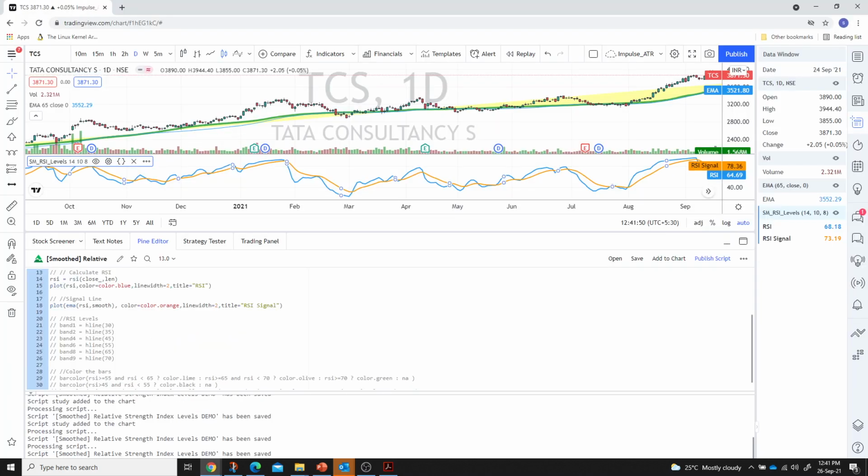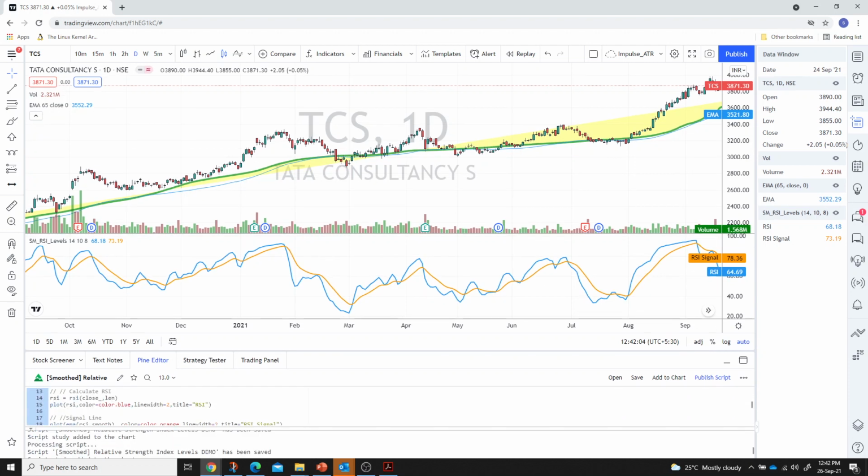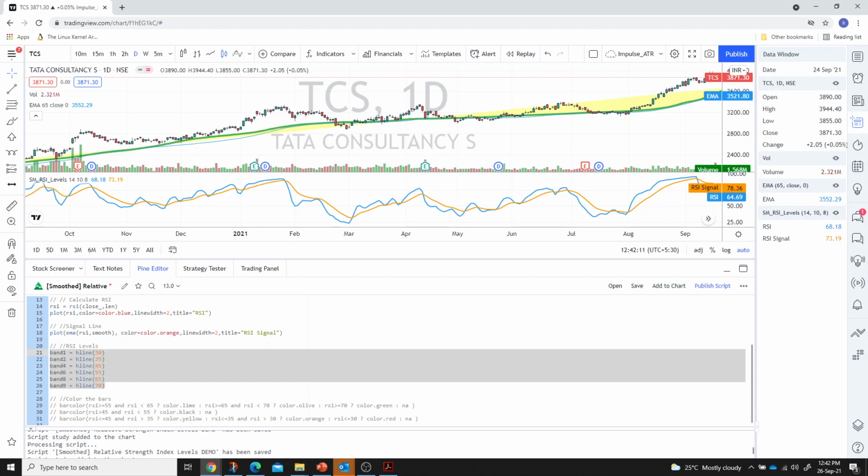Add levels, right? So RSI without levels is not of much use. Okay, value probably you can say it is highly oversold or oversold and so on. But I'm a visual guy and I want to see levels. So I will enable some levels now. Okay, so these are my levels.